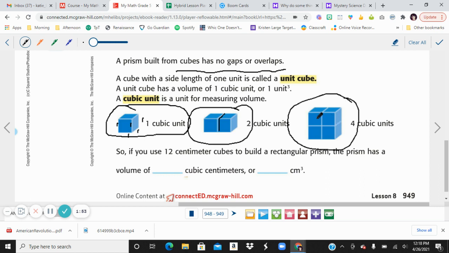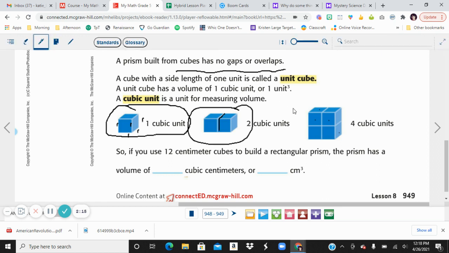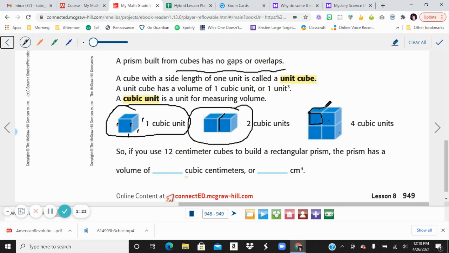Now, if you counted them, you might be tempted to count 1, 2, 3, 4, 5, 6, 7, 8. But that's actually not correct because these are unit cubes. This is 1, the face of this one, but then this is the back side.